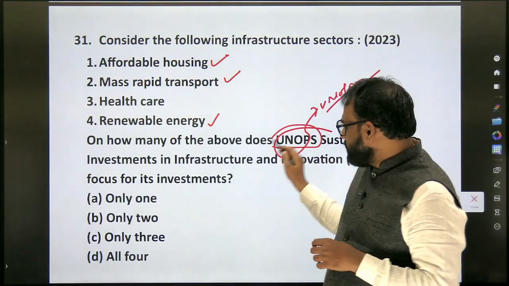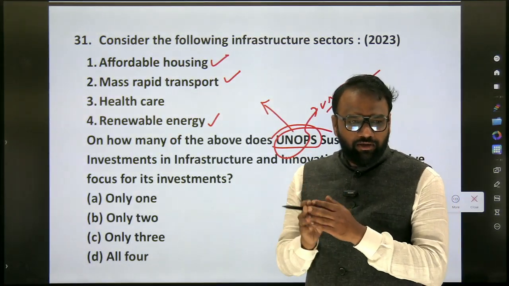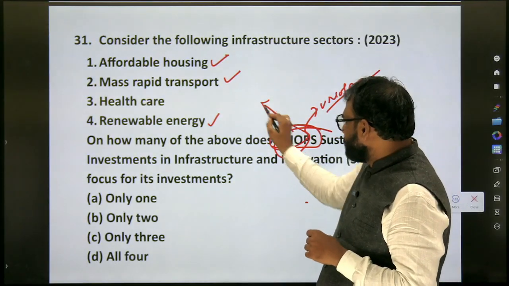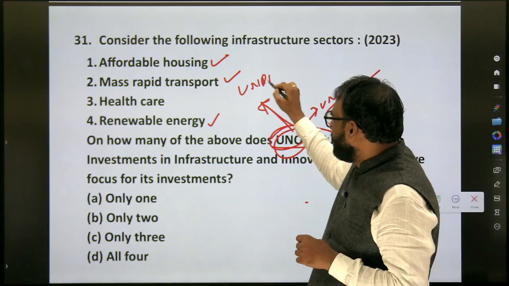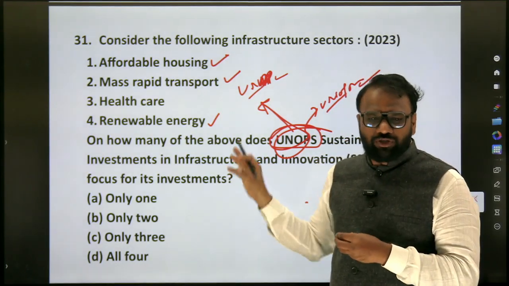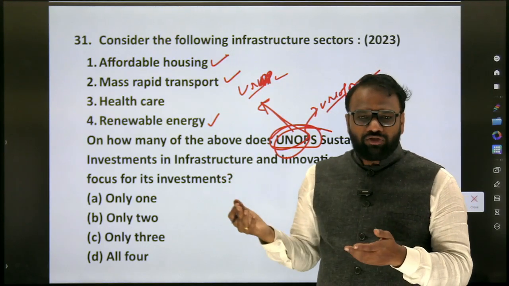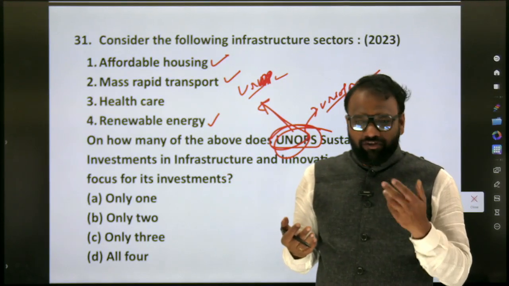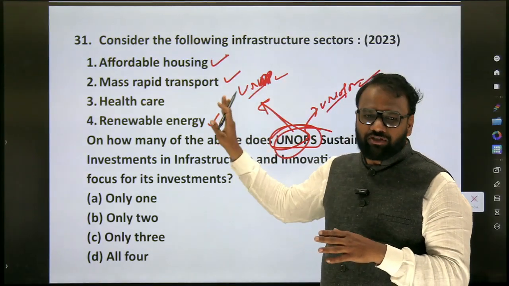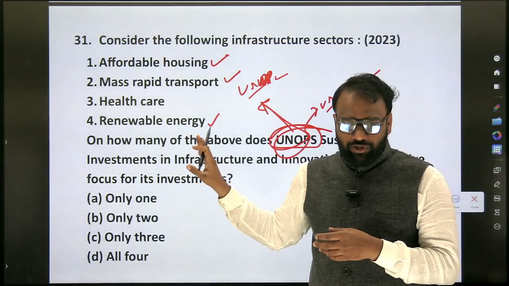So what we can do here is note that UNOPS works under UNDP. That is very important. So some extra information based on this question you can prepare. Otherwise, it may be a current affairs question, and in which magazine or newspaper it has appeared, we don't know. So we will not give much importance to such kind of questions. We will not waste our precious time exploring content for this question.